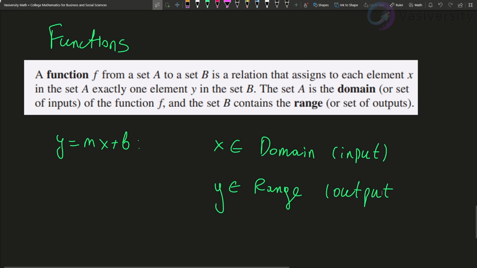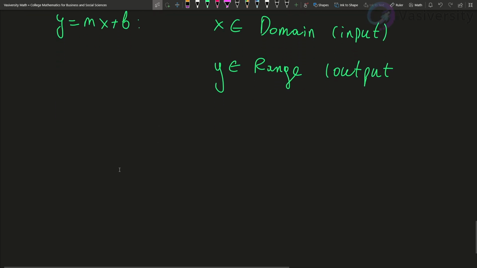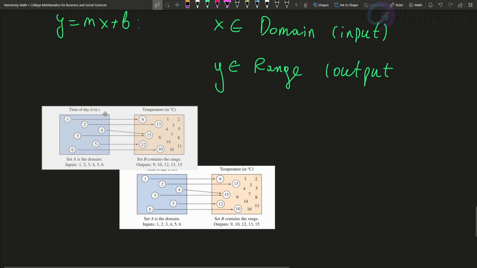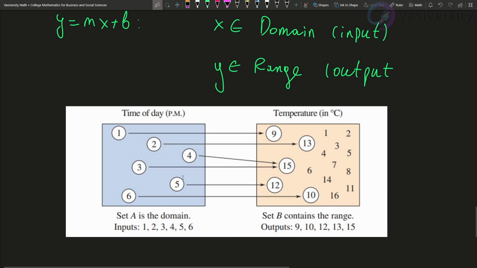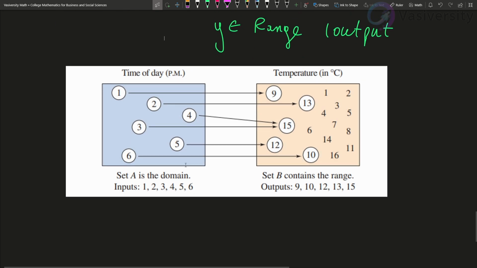Okay, and let's take a look at a more concrete example to visualize what it means to have inputs and outputs and the relationship between functions. So here we are comparing time of the day to the temperature in Celsius, right? So we have the pairs.